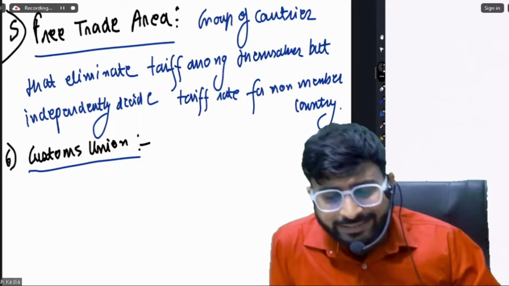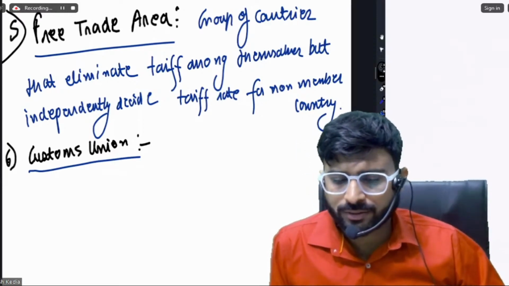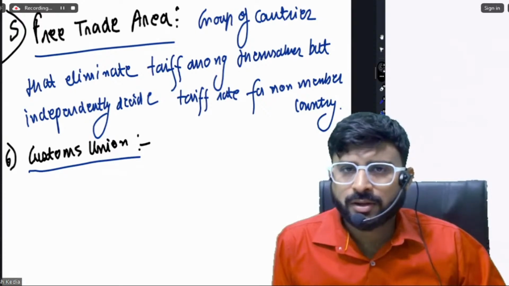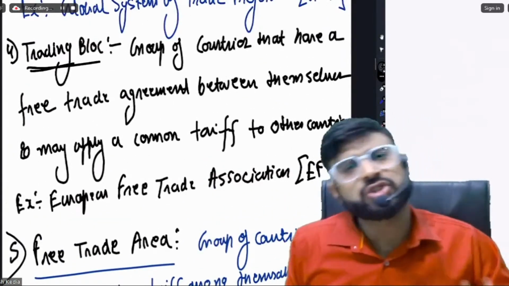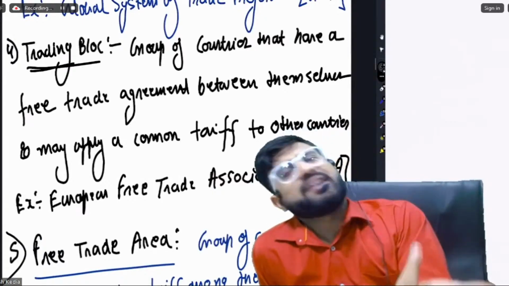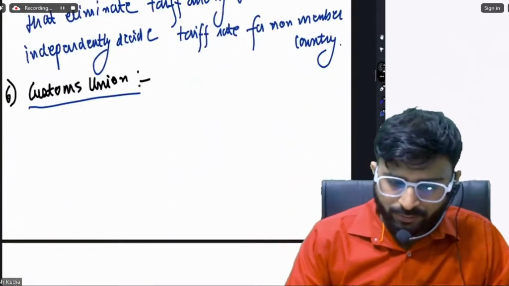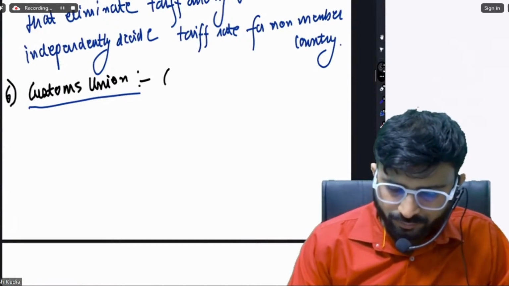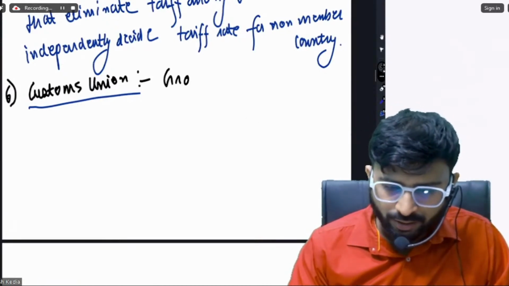These are group of countries that eliminate all tariff on trade among themselves, and a common tariff outside the union. So it is just like the trading bloc. Just like trading bloc, in different countries, the name is different. Basically, it is in South America, such kind of dealing.